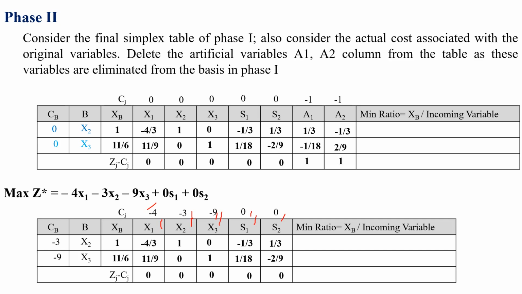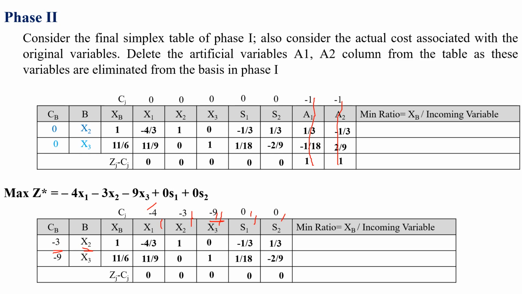Moreover, we have to change the CB values. So the x2 cost coefficient value is minus 3 and the x3 cost coefficient is minus 9. Moreover, we have to remove the A1 and A2 columns.